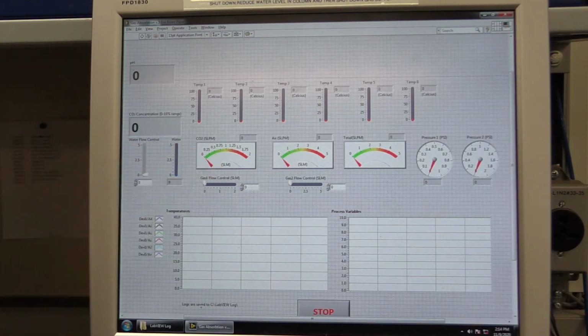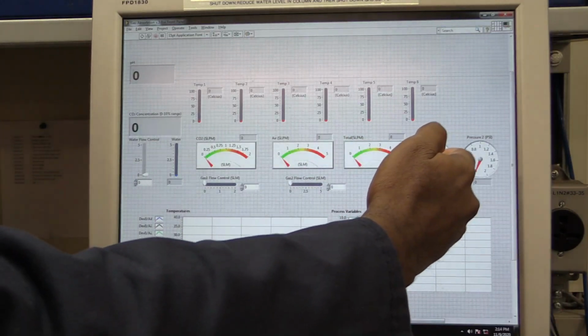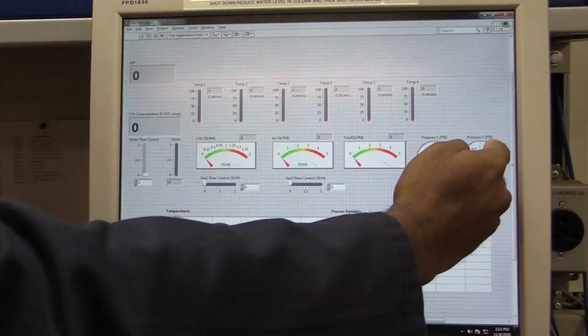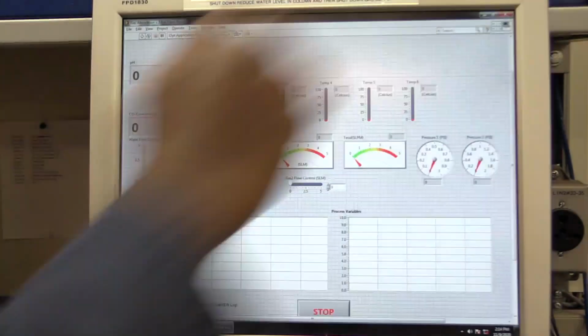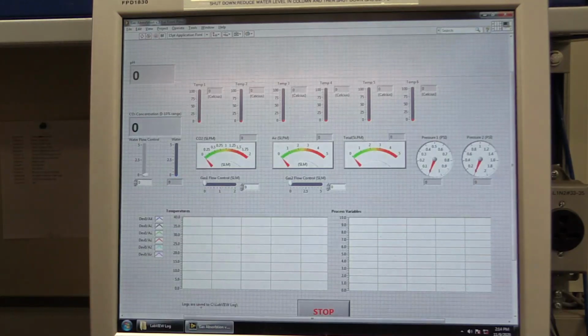And we also have the amount of CO2 and air that is being sent together as the gas mixture. Then you also have the pressure P1 and P2, P1 being the pressure at the top of the column, and P2 being the pressure at the base of the column. And this simply gives the total mass of gas stream into the column.